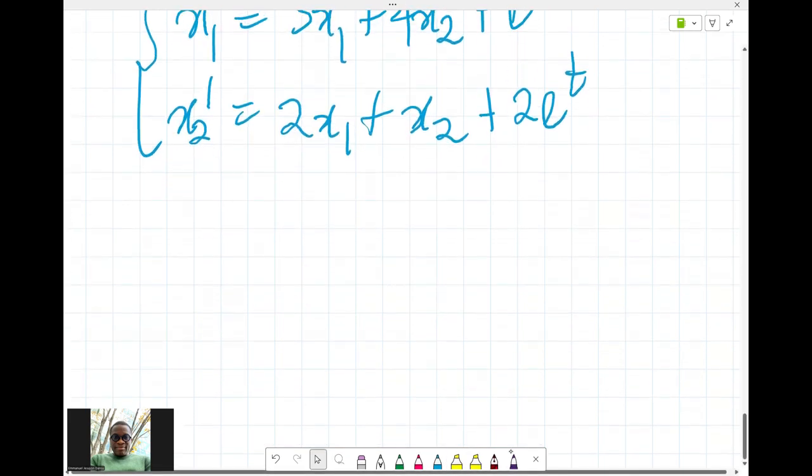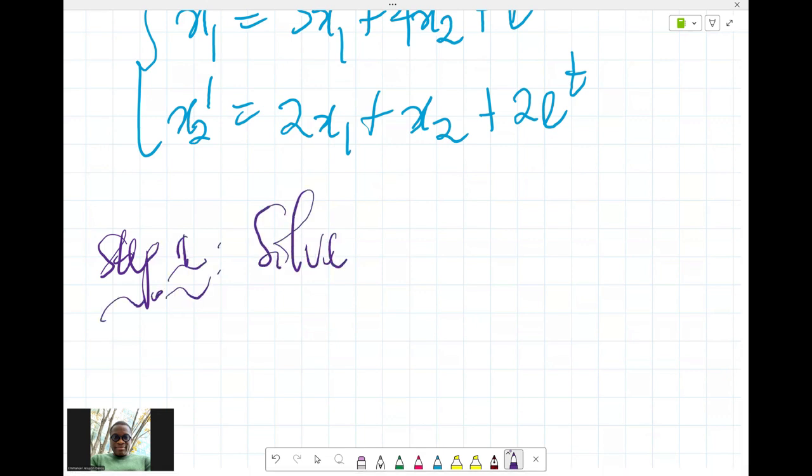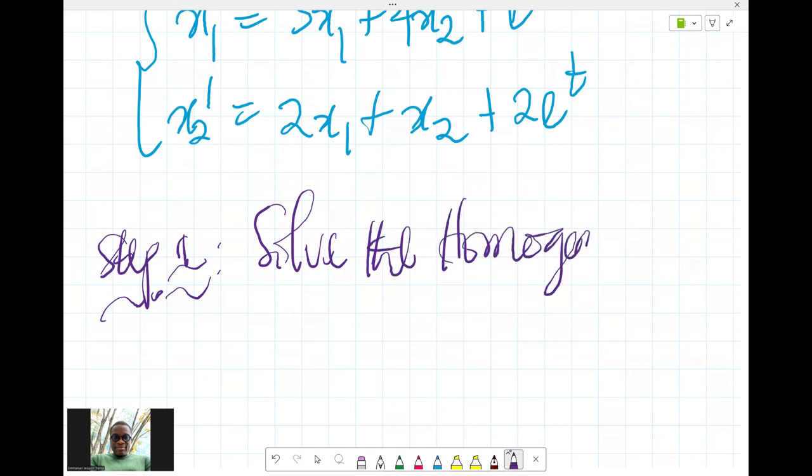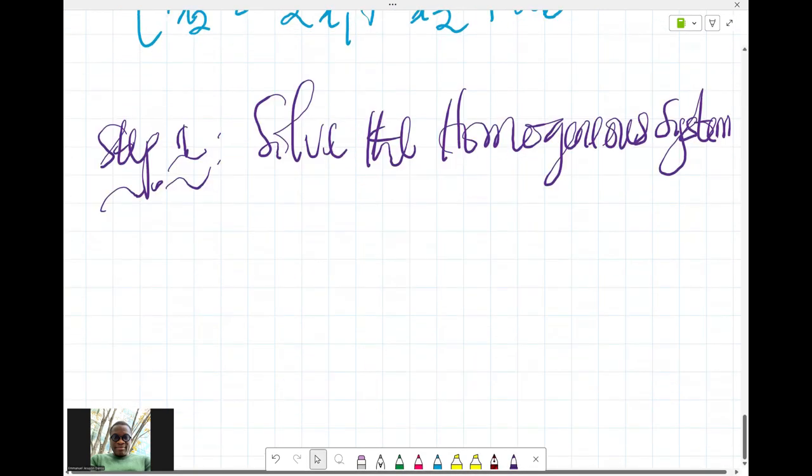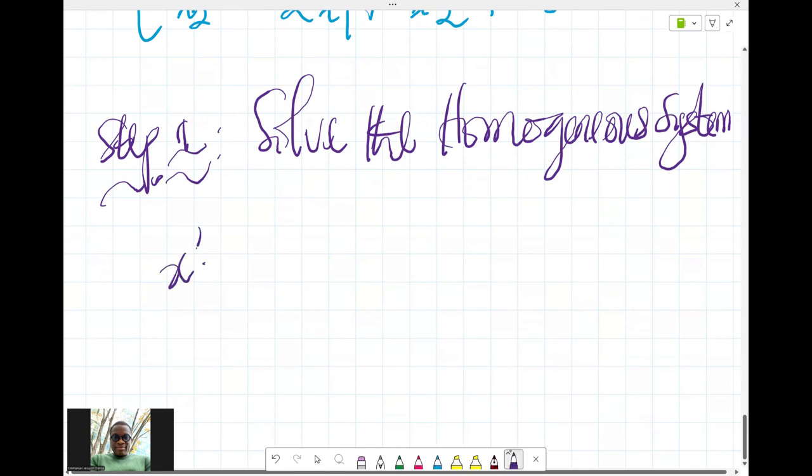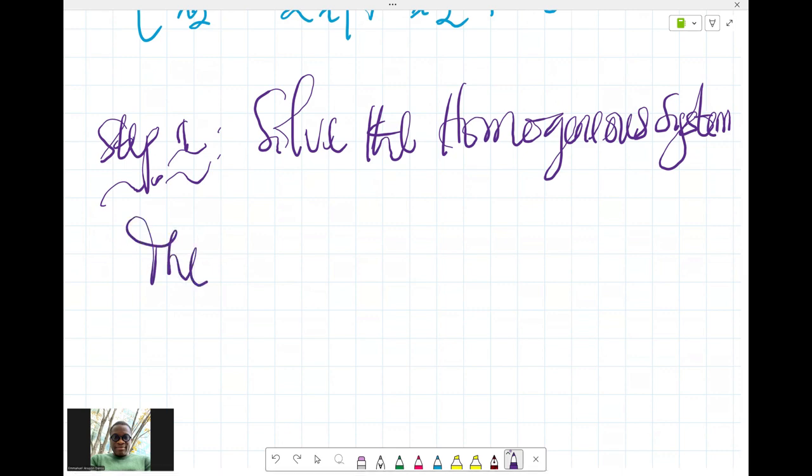As usual, step one, we solve the homogeneous system. That means we leave out the forcing terms.